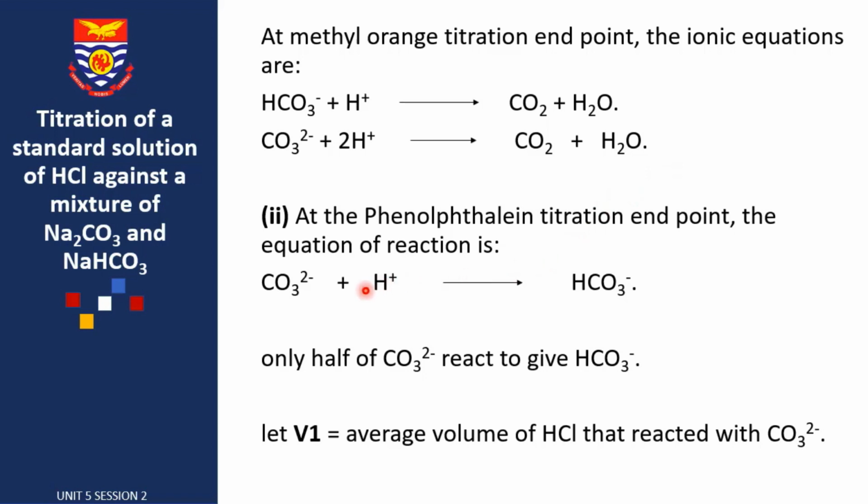Before we can find either the amount concentration or mass concentration, we need to know the volume of acid that was used. But to do that, we need to understand the various reactions that occurred at each endpoint. We have already said that at the phenolphthalein endpoint, it is only half of the carbonate that will be consumed. So we have this bicarbonate ion.